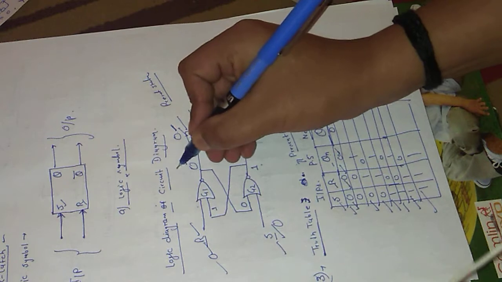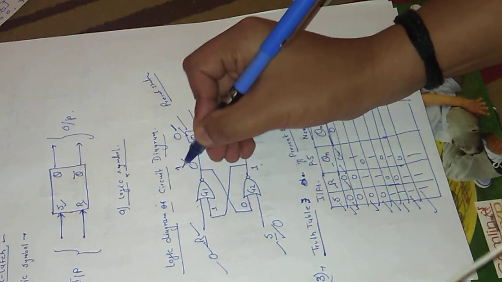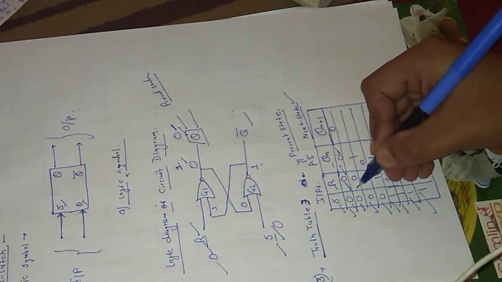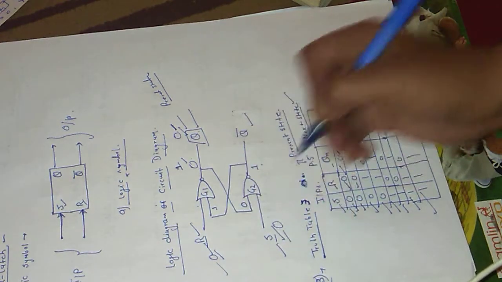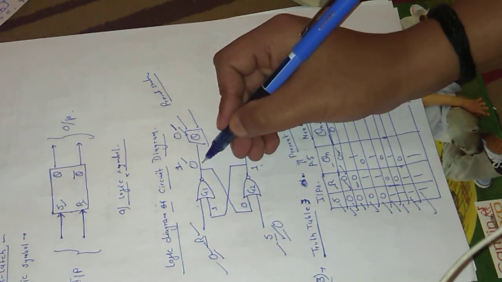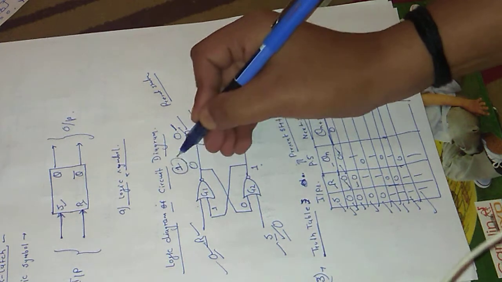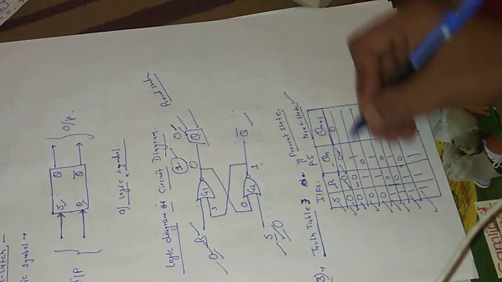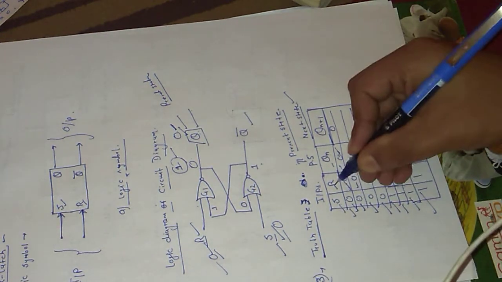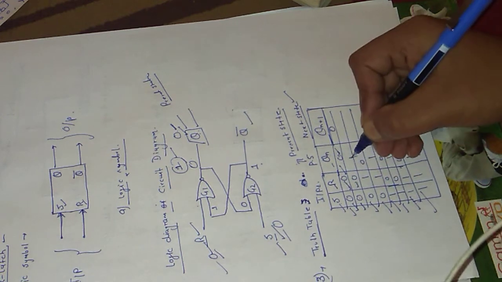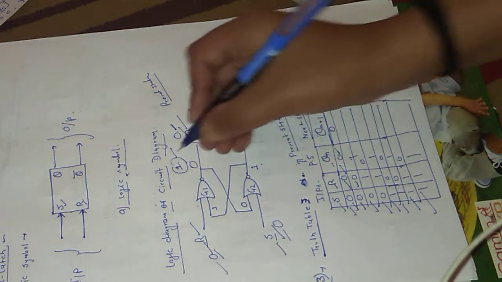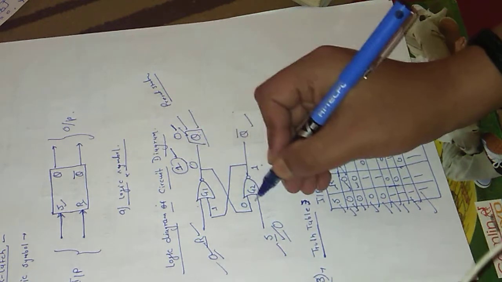Now the second case: S equals 0, R equals 0, and Qn equals 1.